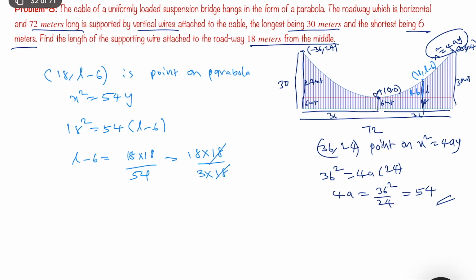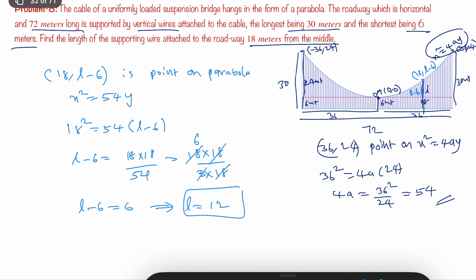So this 18 cancels. So 18 by 3, you get 6. So L minus 6 equals 6. That implies L equals 12. So this length L is going to be 12.